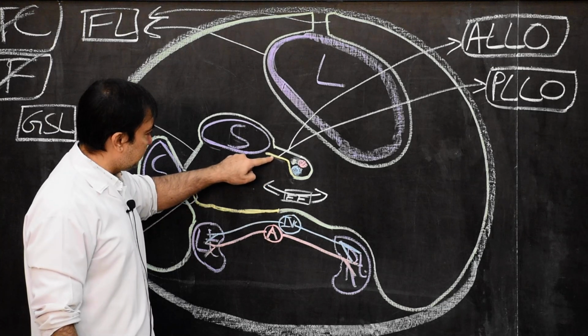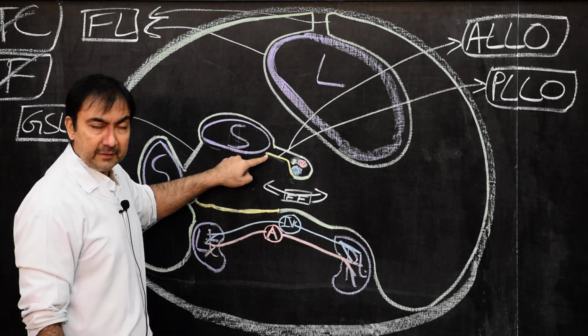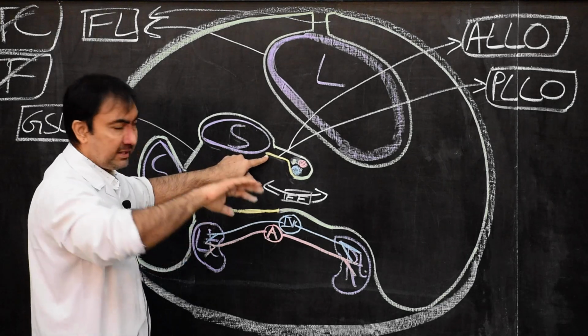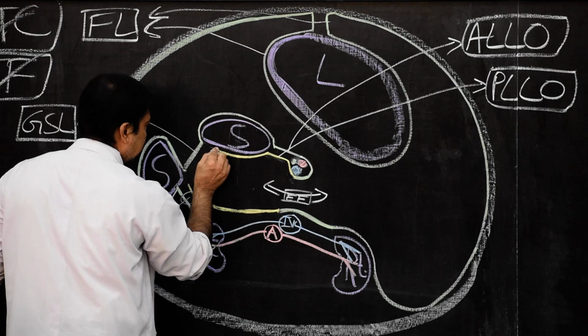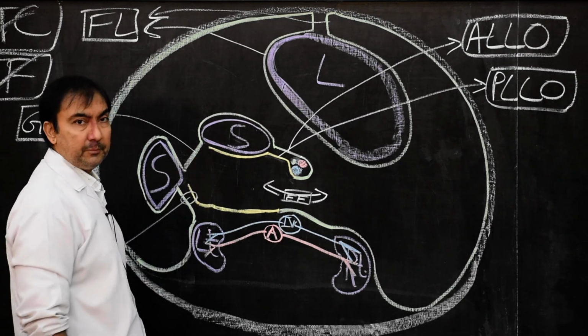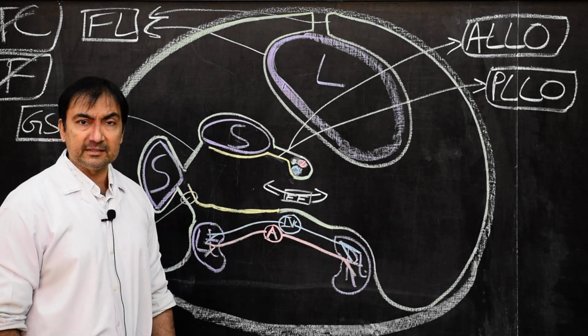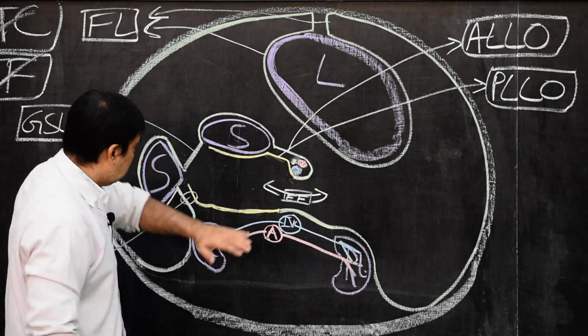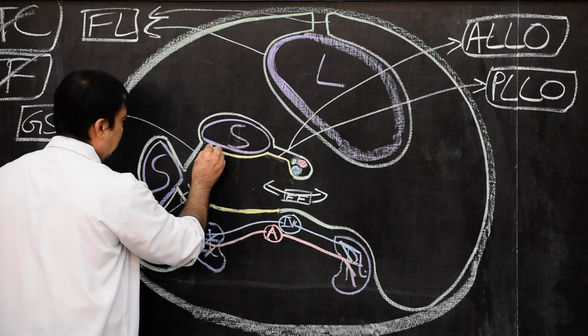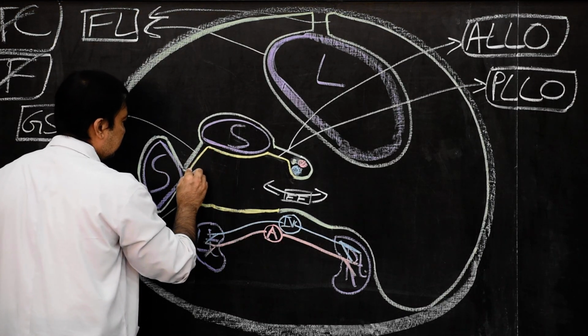This posterior layer of lesser omentum, where my finger is, will be reflected on the posterior inferior surface of the stomach. It will be reflected on the entire posterior inferior surface of the stomach. And then on the left side, it will continue towards the spleen.